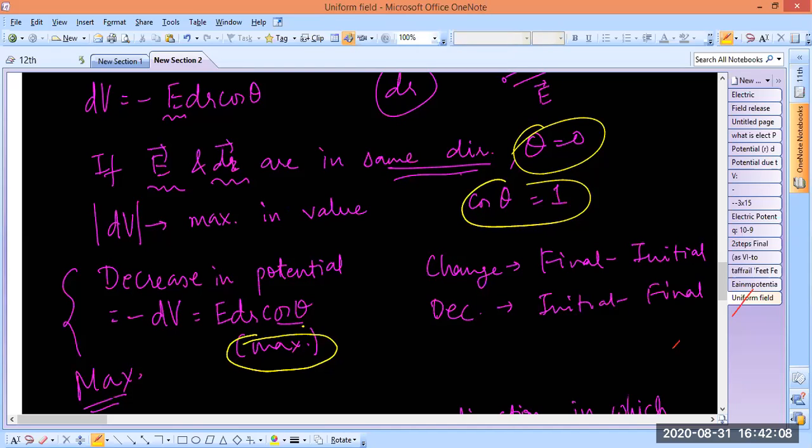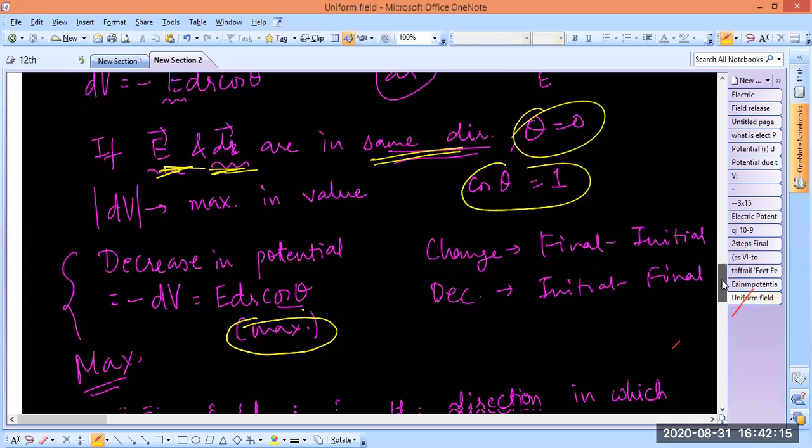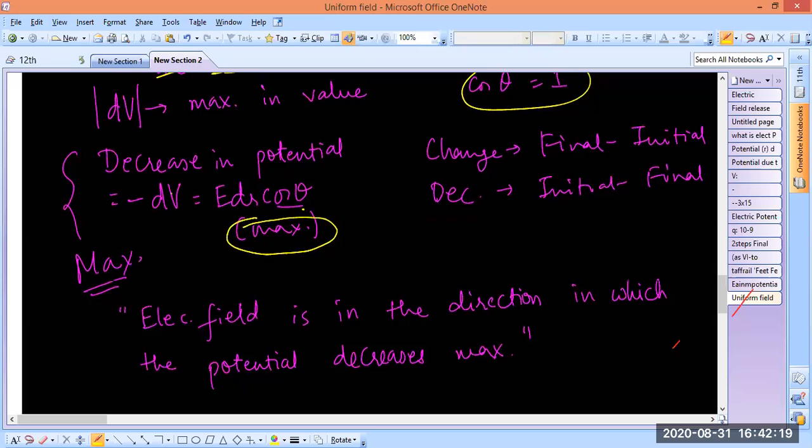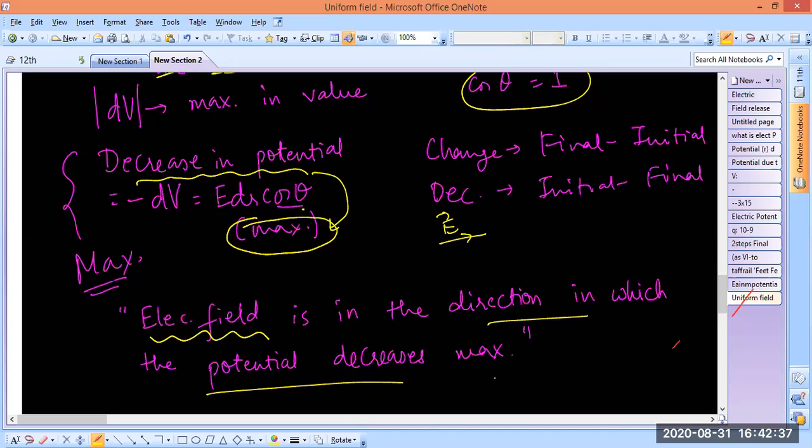That is, E vector and dr vector must be in same direction, right? So that brings us to this final sentence, that if you want decrease in potential to be maximum, then displacement should be in the same direction as electric field. It means if you go in direction of electric field, then the potential decrease is maximum, right?